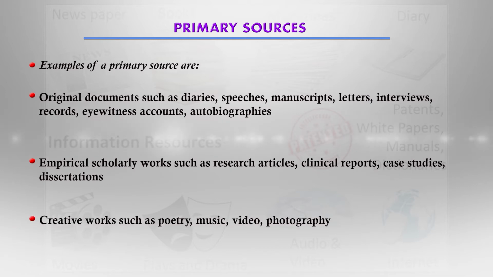In the same way, creative works such as poetry, music, video and photography all come under the category of primary sources of information. This way, any new creation or new product which is reported is known as a primary source of information.